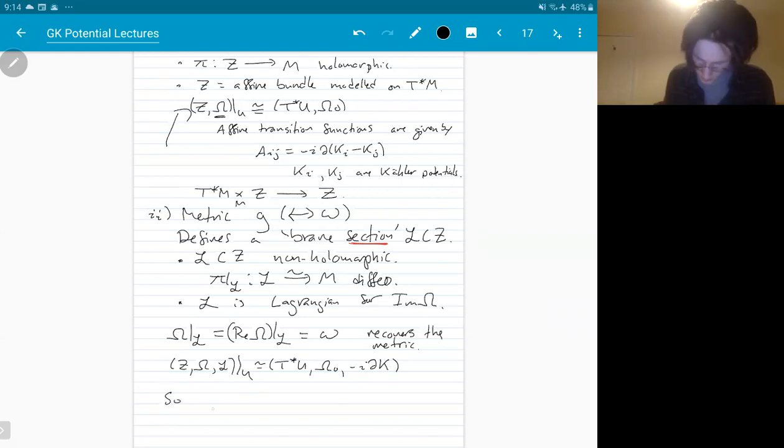So what that means is that ω restricted to L is the same thing as the canonical symplectic form restricted to the graph of minus i∂K. And by the property of this symplectic form, that's just d of minus i∂K. Or in other words, it's i∂∂̄K, which is ω.